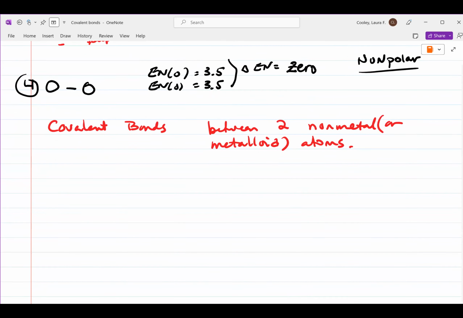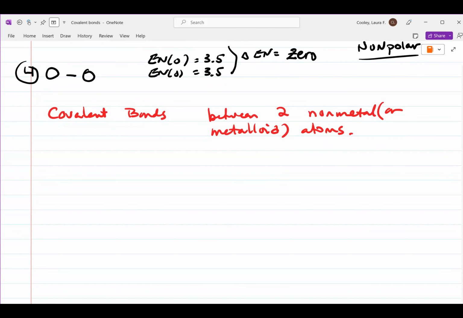And it's another way of having an atom attain that rare gas configuration. So like I said, it involves sharing electrons and doing it in such a way that each atom can attain a kind of rare gas configuration.